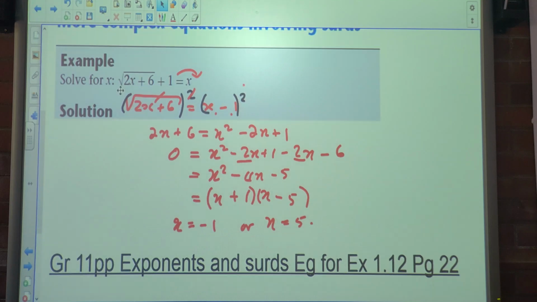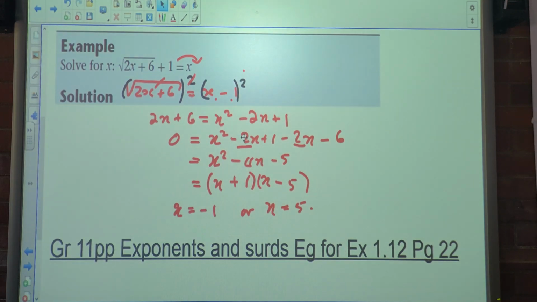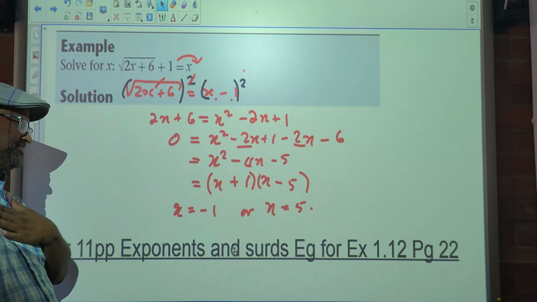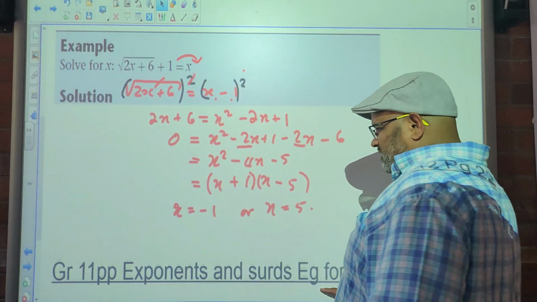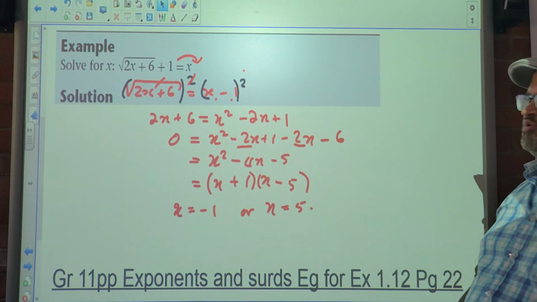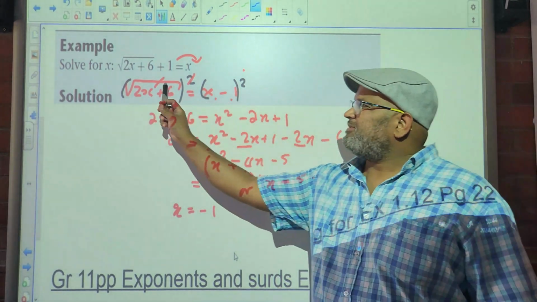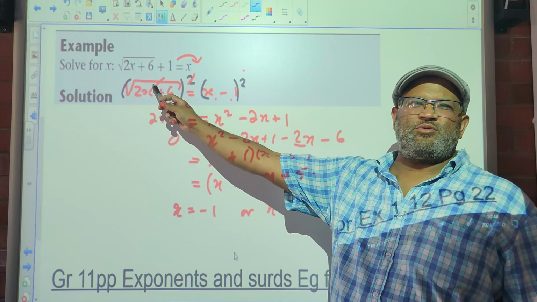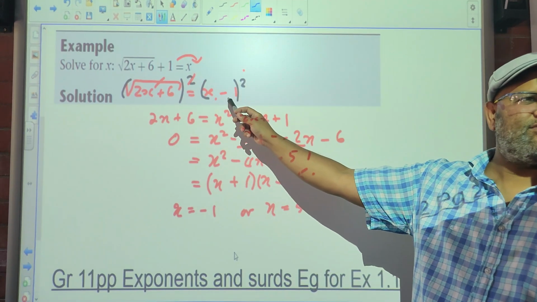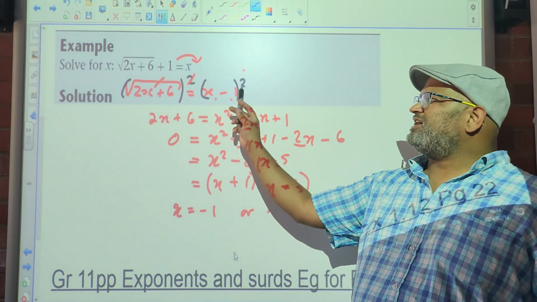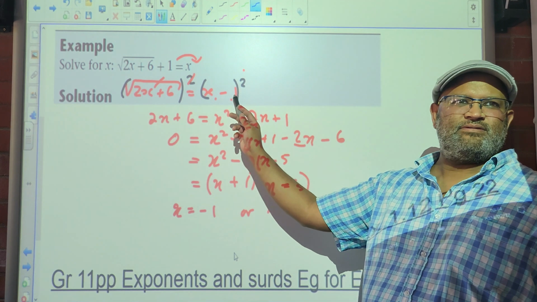Because squaring moves from a false state to a positive, and from a square root we don't get a negative. This could be negative if x is less than 1.